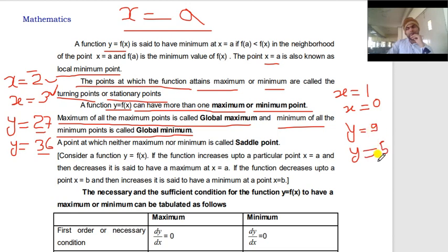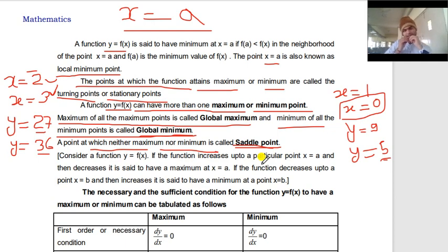So which one is the minimum value? That is 5, which comes when x = 0. So x = 0 is called the global minimum point. There is also a point called a saddle point, at which the function is neither maximum nor minimum.